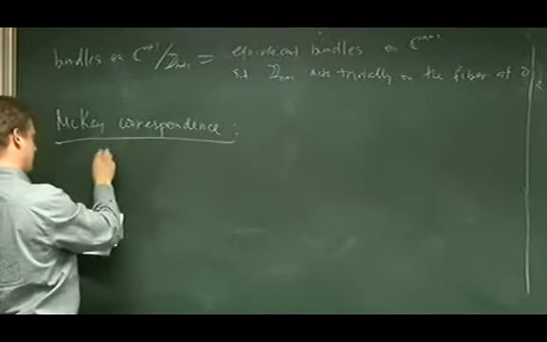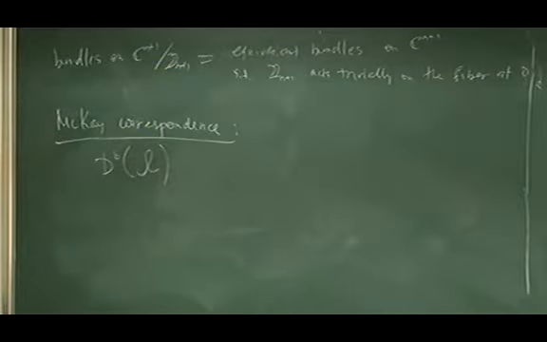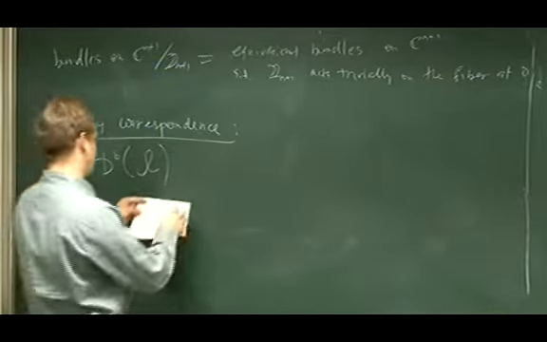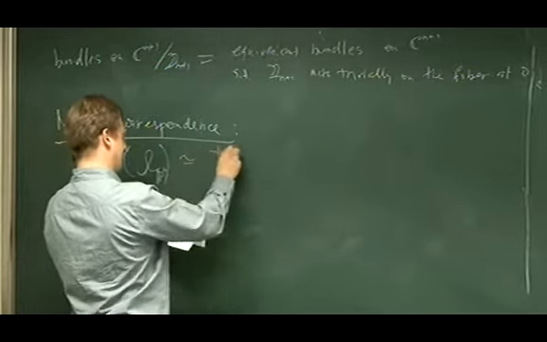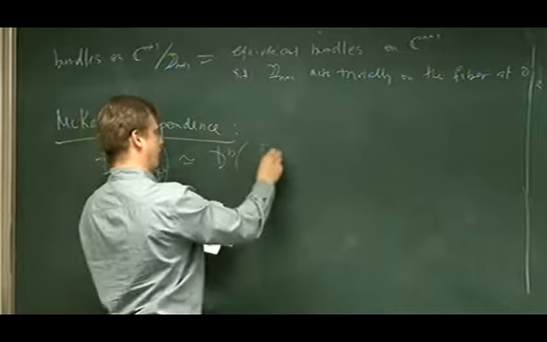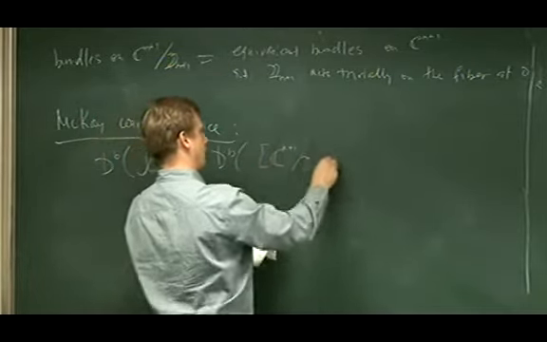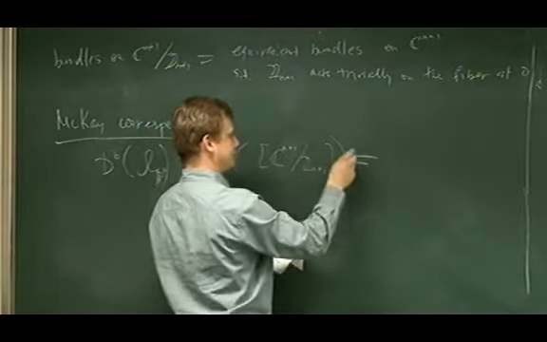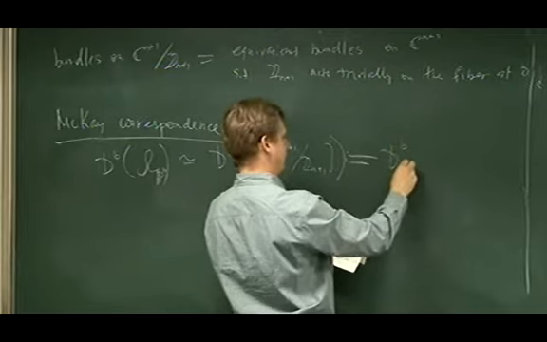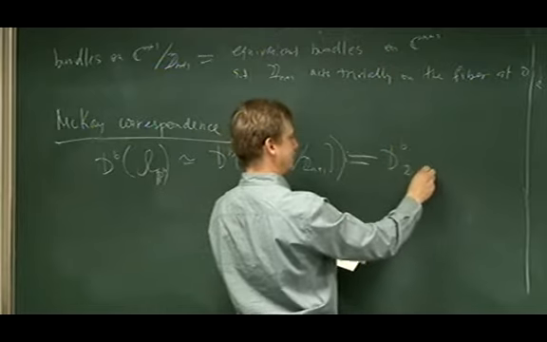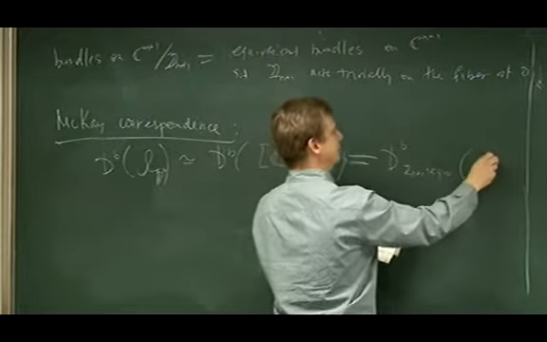So the McKay correspondence will say that the derived category of the canonical bundle of Pn is equivalent to the derived category of Cn plus 1 mod Zn plus 1, which more or less by definition is the same as the equivariant derived category of the flat space Cn plus 1.